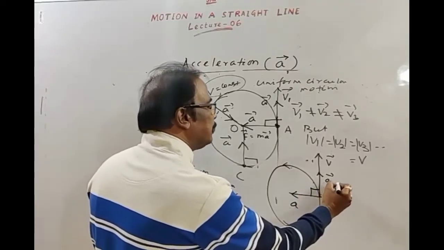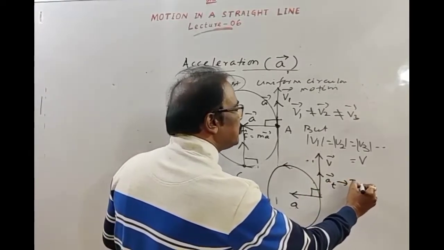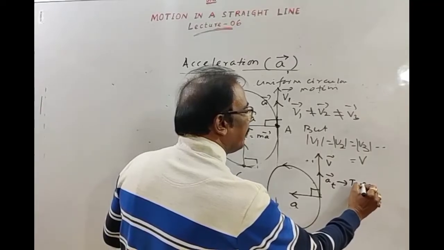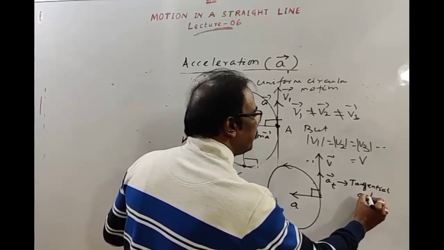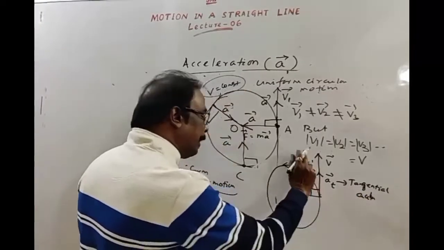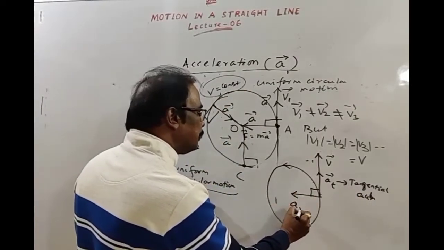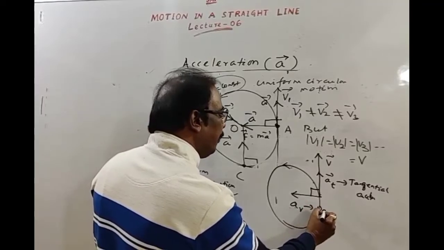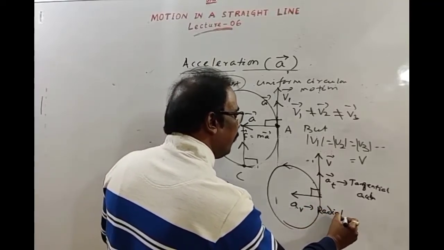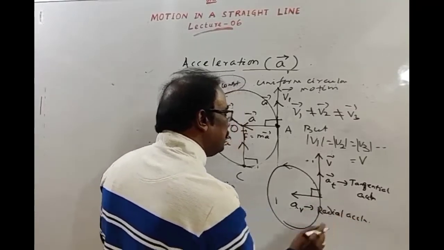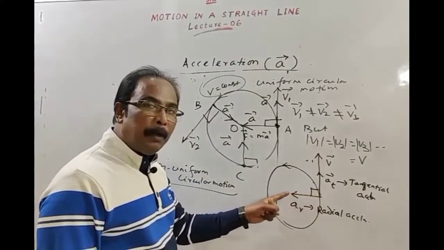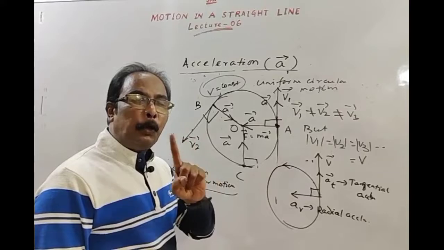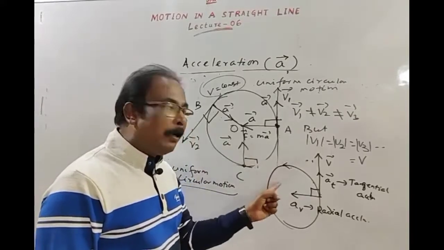So this acceleration is called tangential acceleration. It is along the tangent, and this acceleration is called radial acceleration. So to change both magnitude and direction of velocity, there will be two components of resultant acceleration.